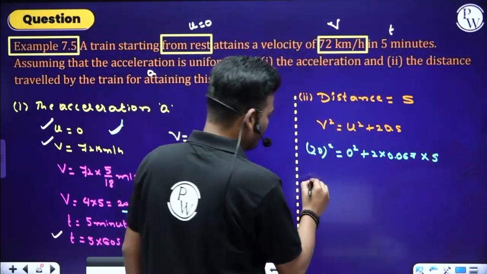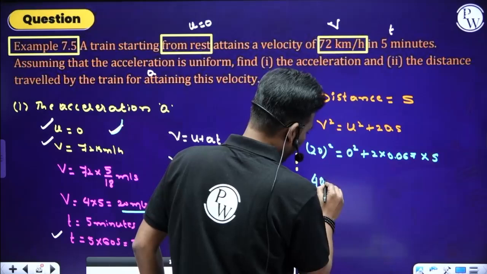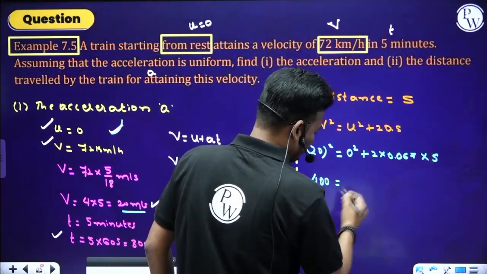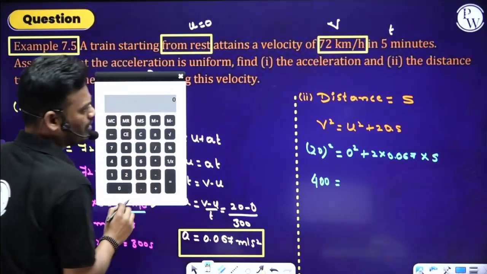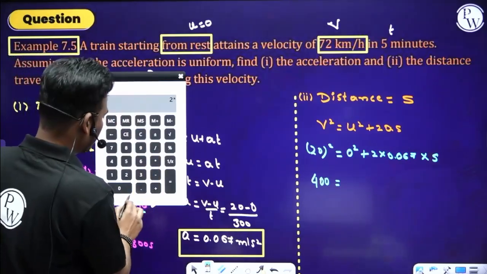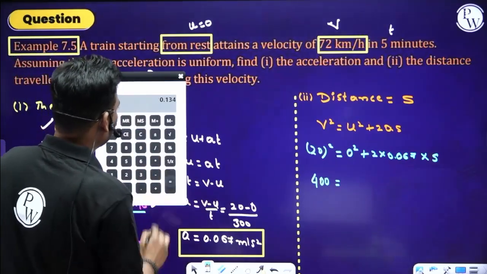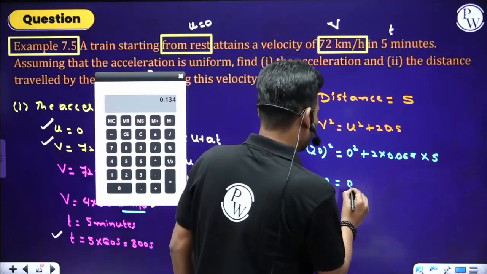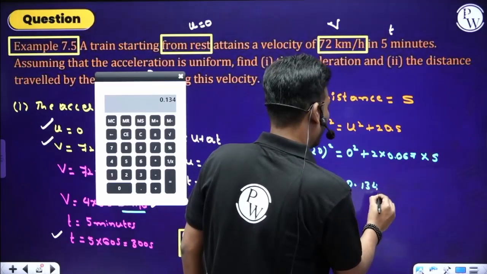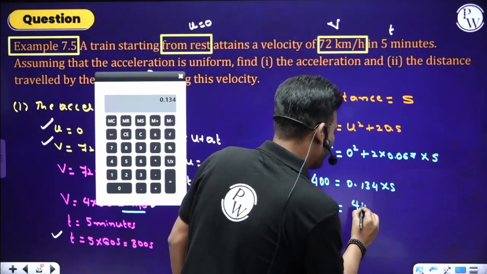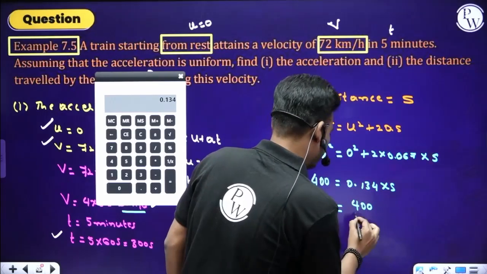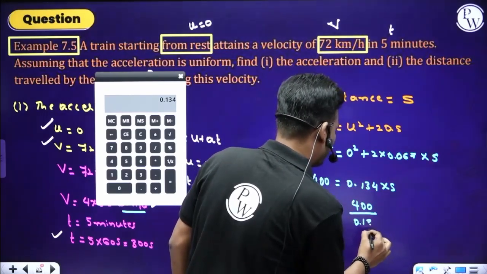So 20 square, that is 400, equals 2 into 0.067, which is 0.134, into displacement. And s equals 400 divided by 0.134.